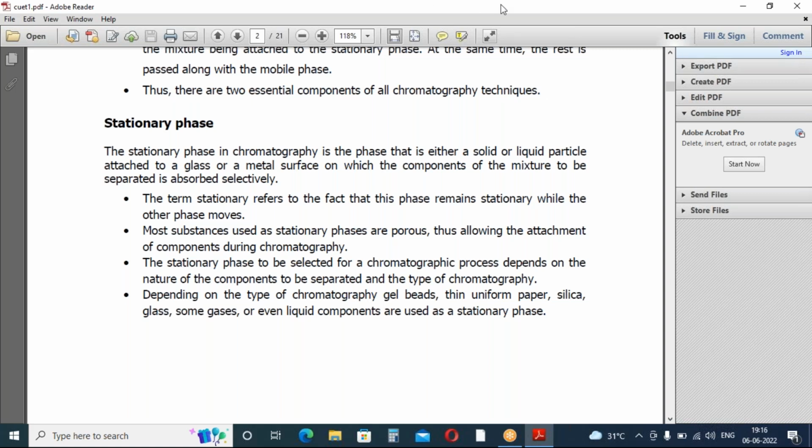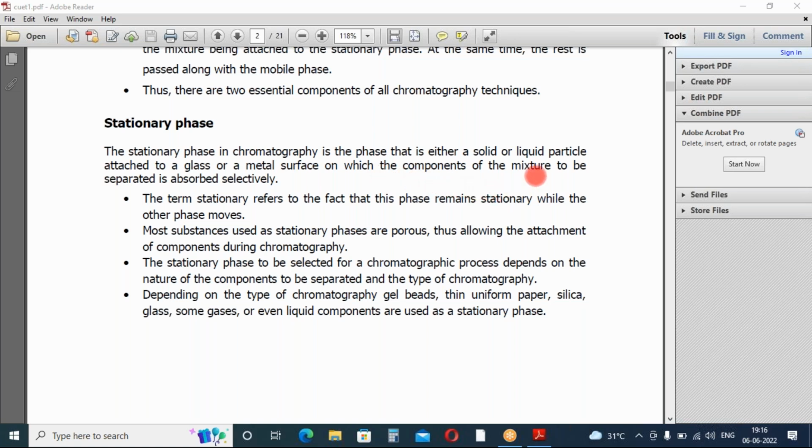Here the stationary phase, stationary meaning a static position that is not moving, may be either solid or liquid particles attached to a glass or metal surface.